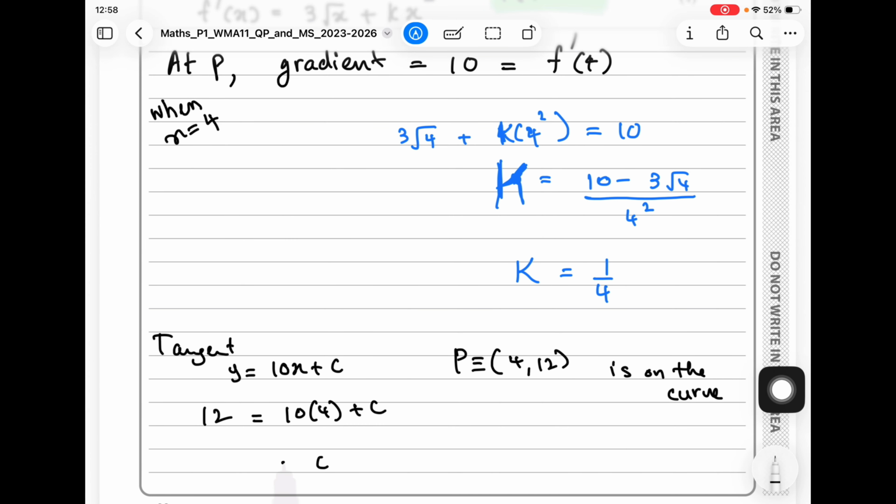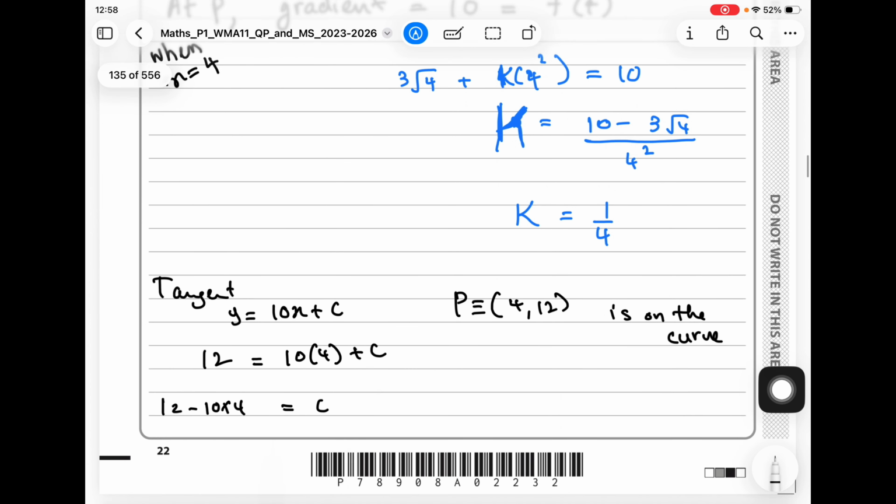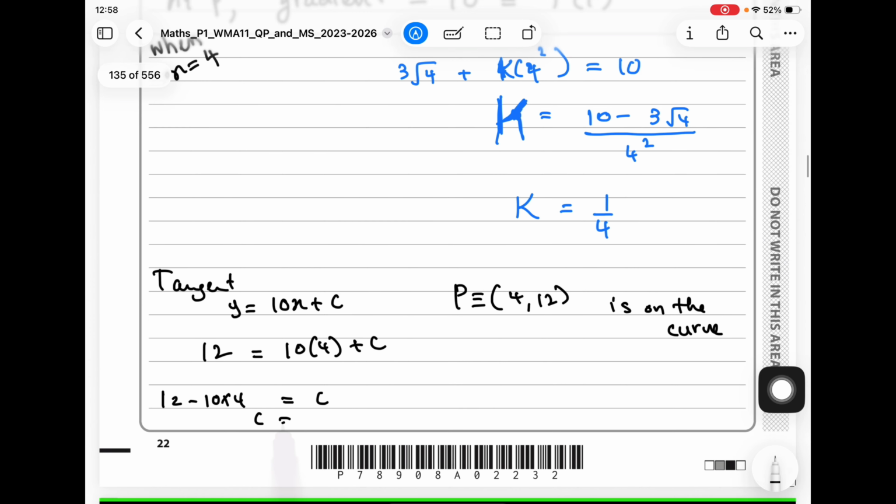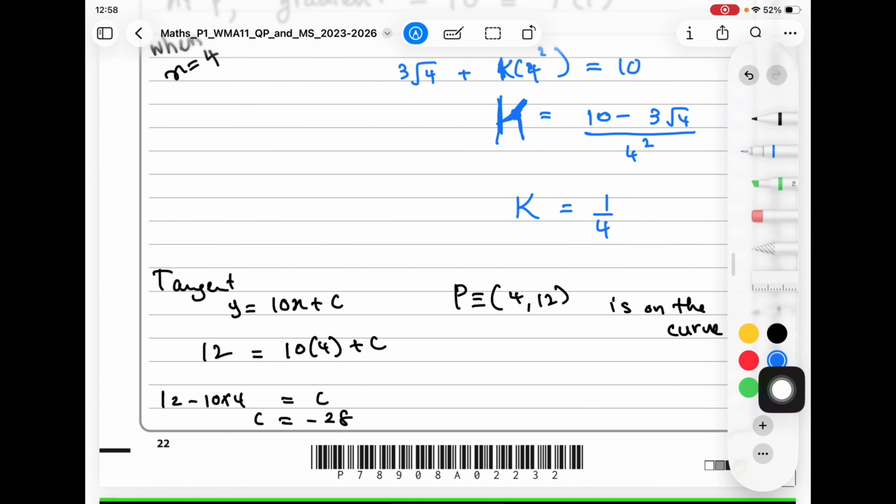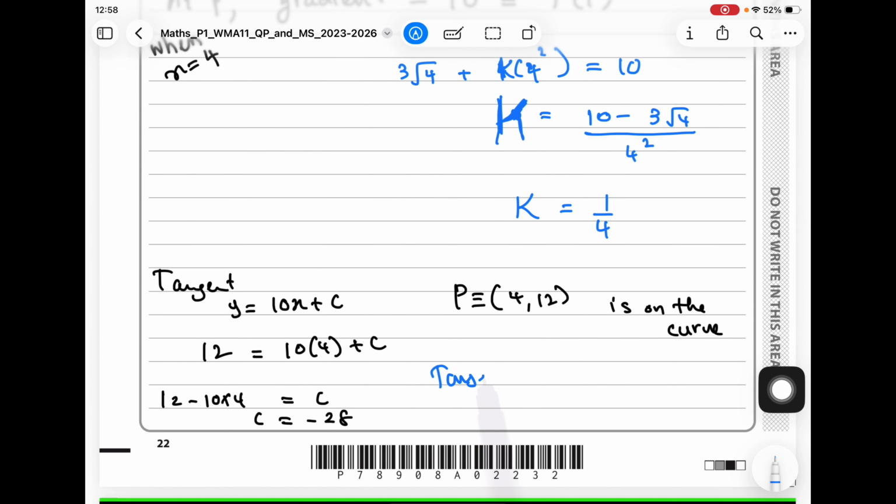So c should be 12 − 10 × 4. So our c is −28. So now I have got the tangent: y = 10x − 28.